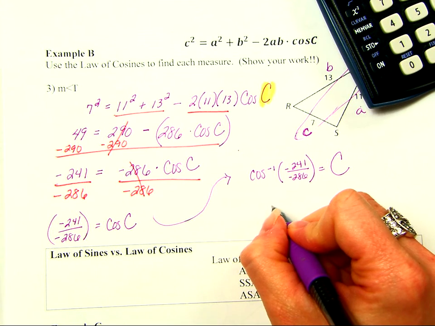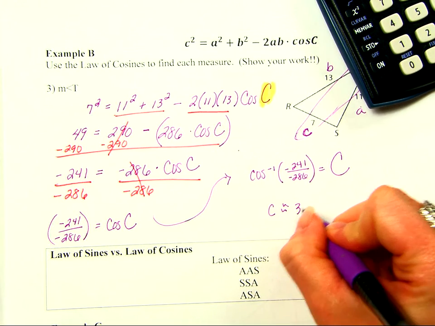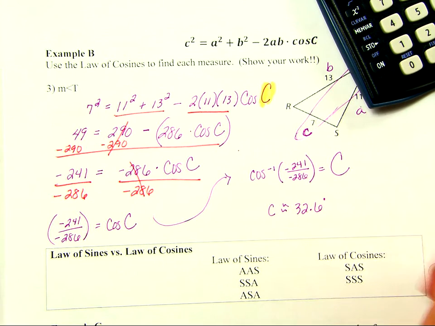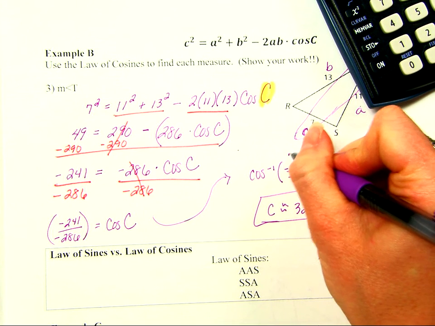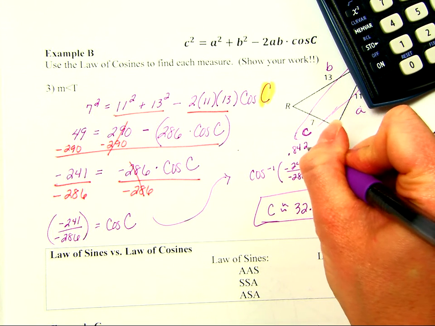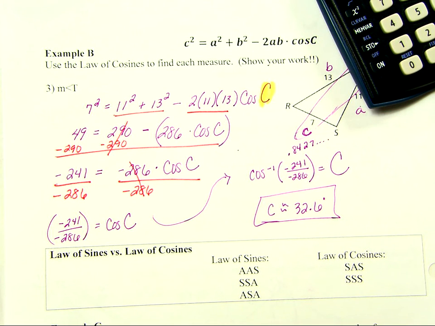And we found out that C was about 32.6 degrees. And sometimes they ask us to round to the nearest degree, so it would be about 33 degrees. This, as the decimal, was about 0.8427 and so on. So we just have to remember, if you're finding the angle, the final step, we need to use the inverse function.